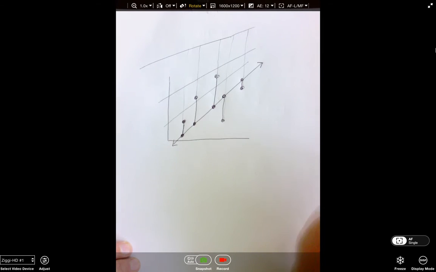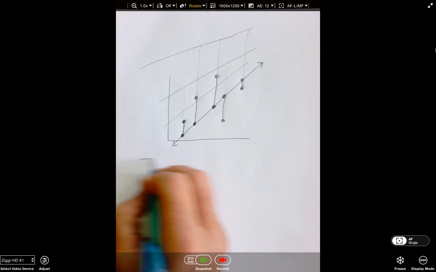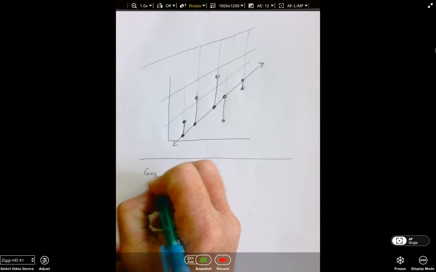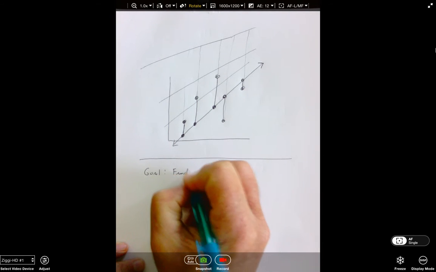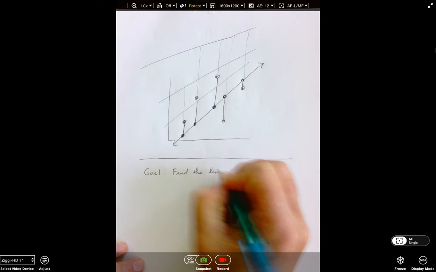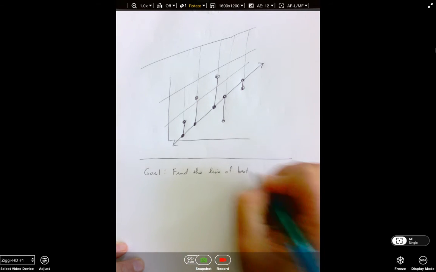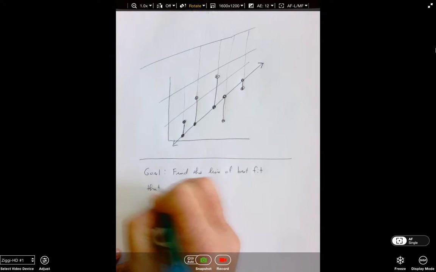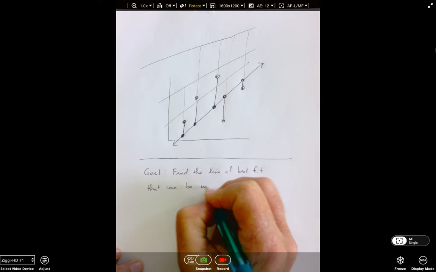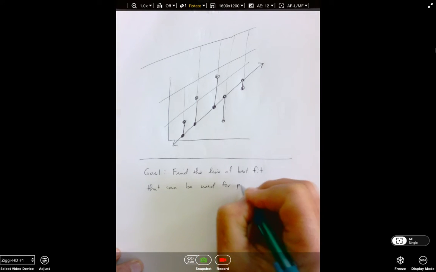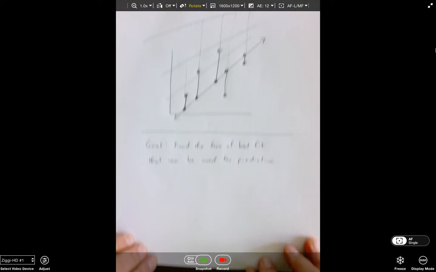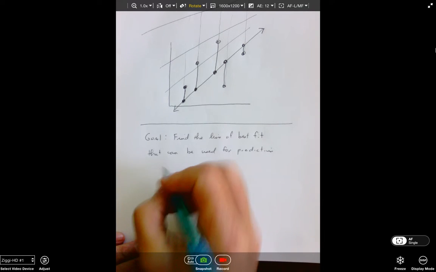And again, if you want to learn more about that, come talk to me and we'll do an independent study or something. But again, our goal is to find the line of best fit for prediction.